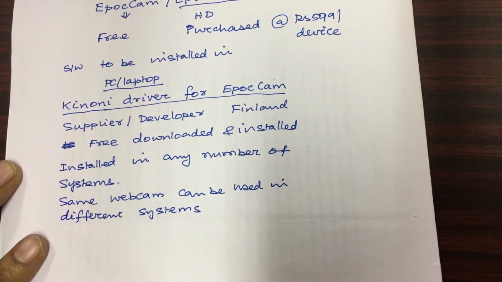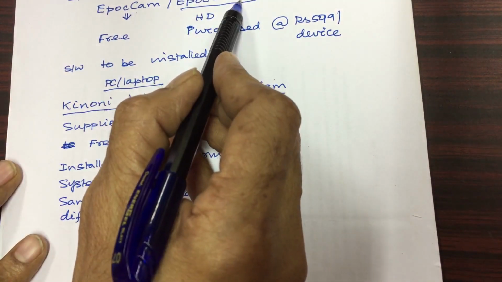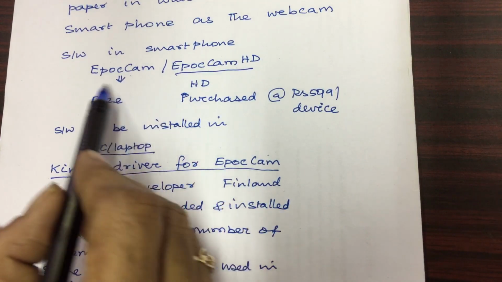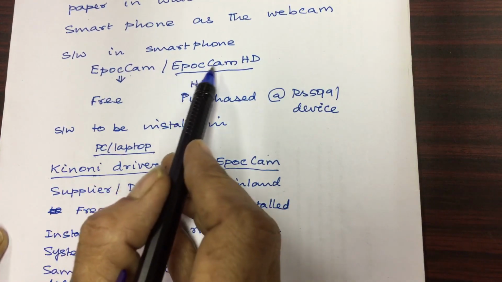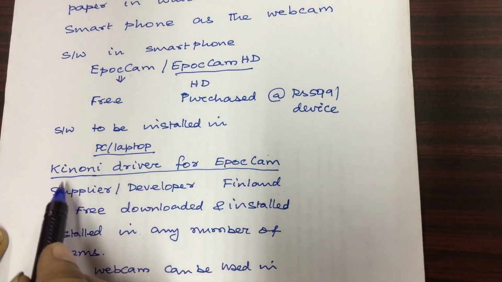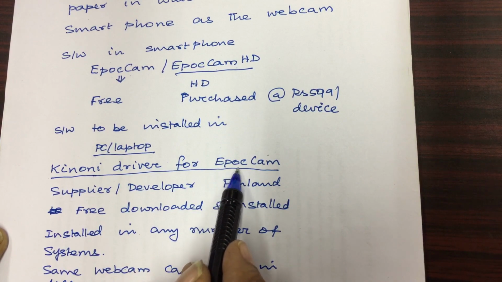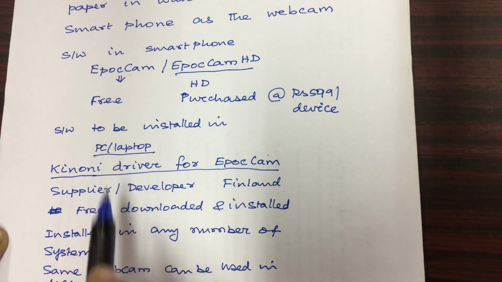So first thing is you have to install the EpochCam or EpochCam HD onto the smartphone, and similarly you have to install the Kinoni driver for EpochCam in the PC or laptop.